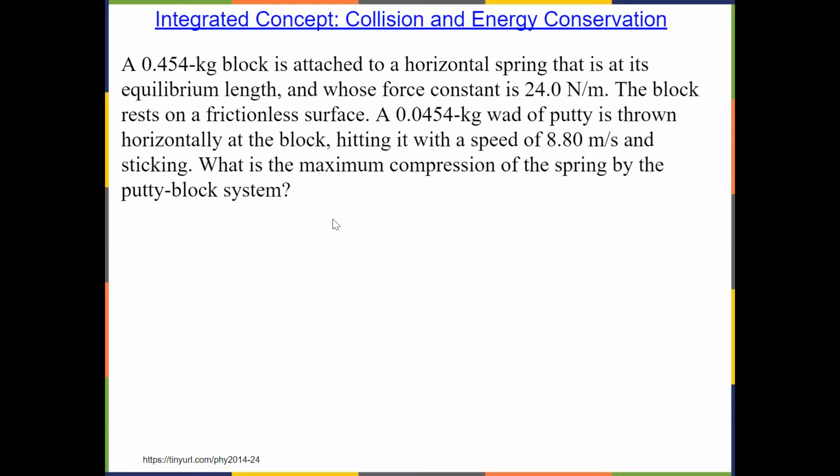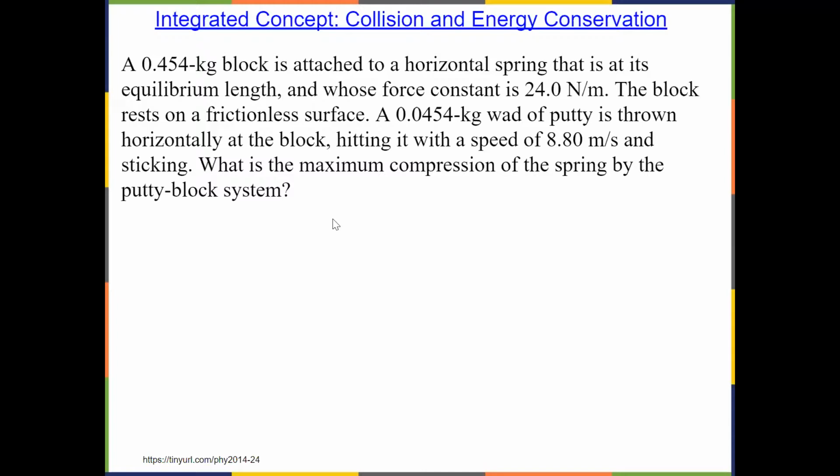The spring is at its initial equilibrium length. The force constant of the spring is 24.0 newtons per meter. The block rests on a frictionless surface. A 0.0454 kilogram wad of putty is thrown horizontally at the block, hitting it with a speed of 8.80 meters per second and sticking. What's the maximum compression of the spring by the putty block system?